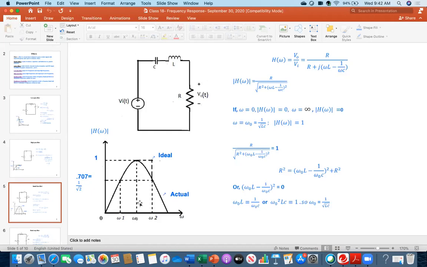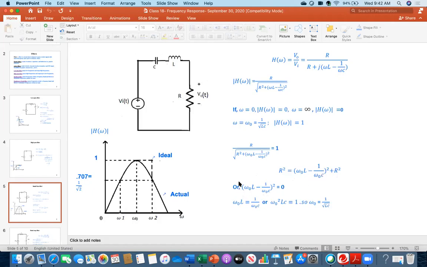Now, what is that value? At omega equal to omega naught, you will get 1 over root over LC. How do I get that? H of omega is 1, this is your transfer function. You write that the point is 1, and then you square on both sides. Then you get this line, and R square gets cancelled, so this one is 0.